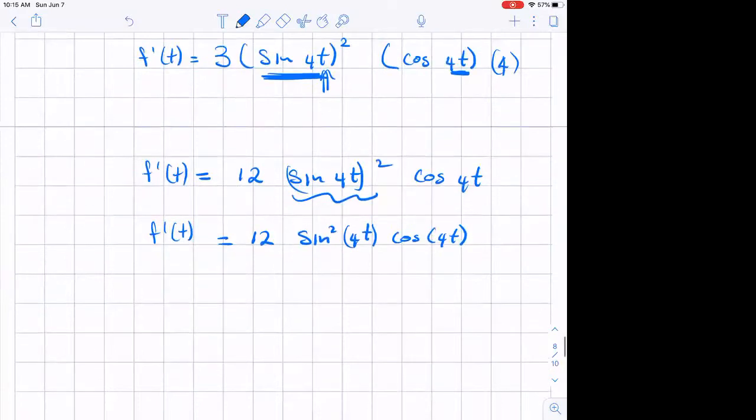Okay, and we can say, find f prime of x, and the function is a variable of t. Okay, so this is the way the trigonometric functions work.